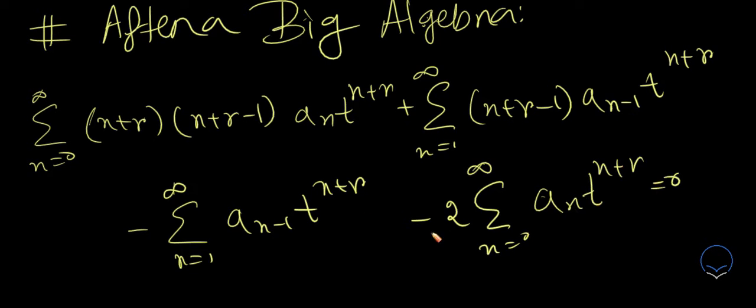You can see that there is this n equals 1 thing in the second and the third terms, so you need to evaluate them for n equals 1 and push the summation to start from 0. If you do that, like we did in the past two examples, you will have an equation like this.